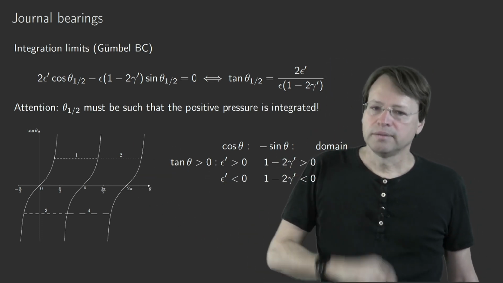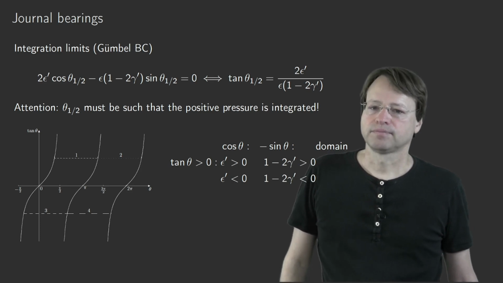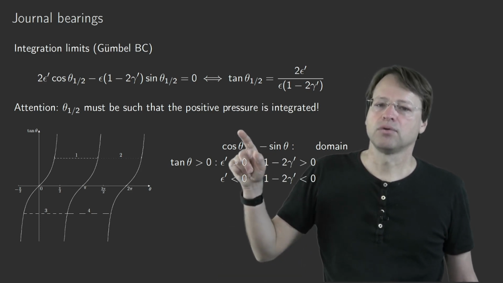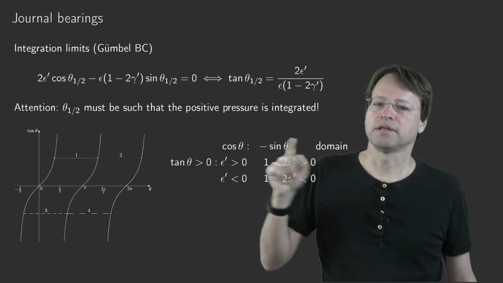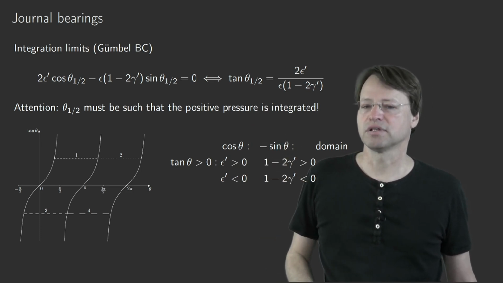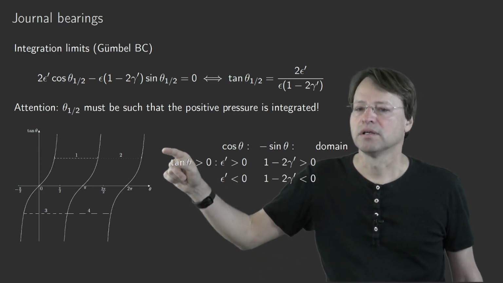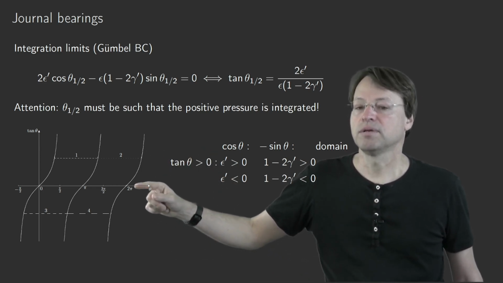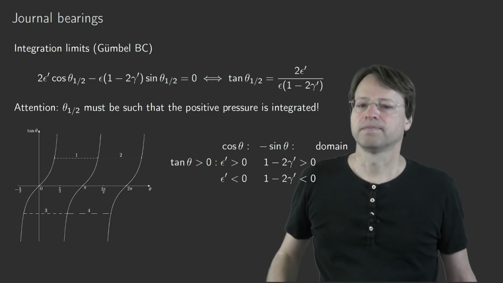Now there is only one quadrant where both cosine theta is positive and minus sine theta is positive, meaning sine theta is negative. And this is the last one, between 3 pi divided by 2 and 2 pi.